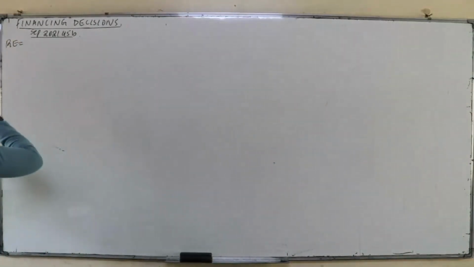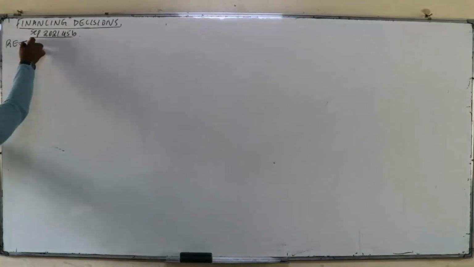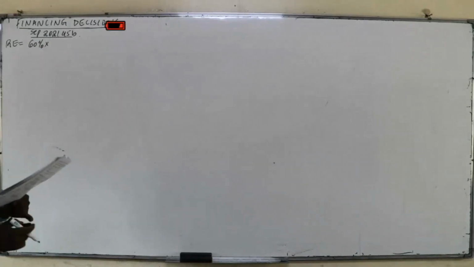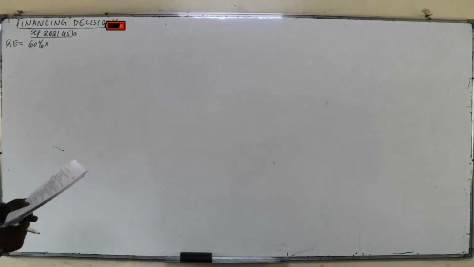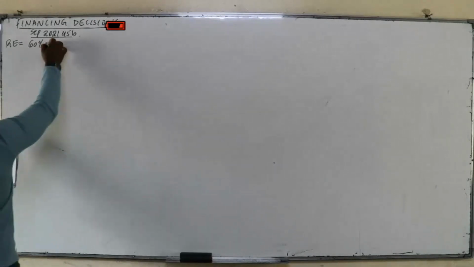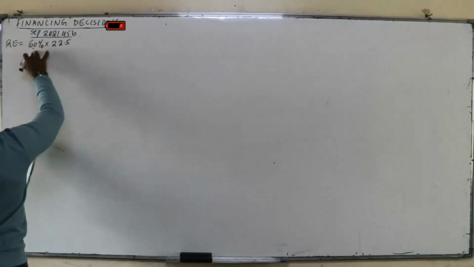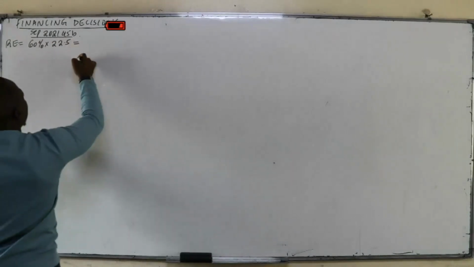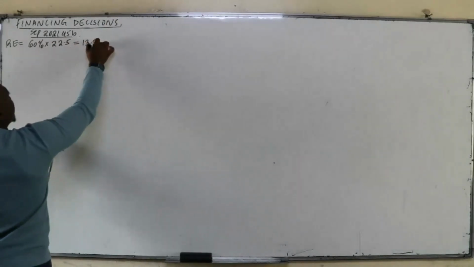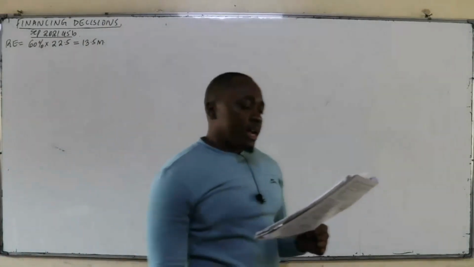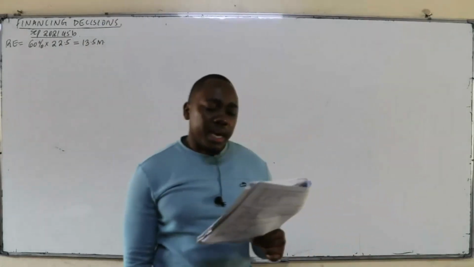They retain 60% of the profit, so the retained profit will be 13.5. Good. Number three. The ordinary shares of the company are currently trading on the securities exchange at 80 shillings per share.